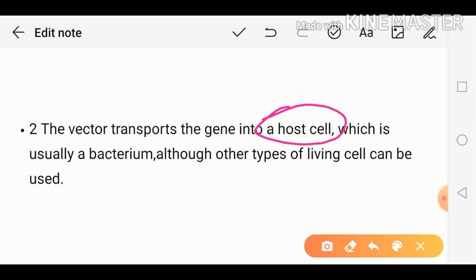So the vector is transported into the host cell. Mostly in a gene cloning experiment, the host cell is a bacterium. Other hosts can also be used, but bacterium is the most common host.